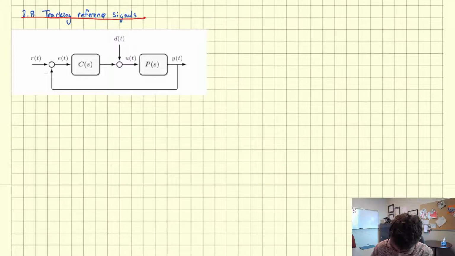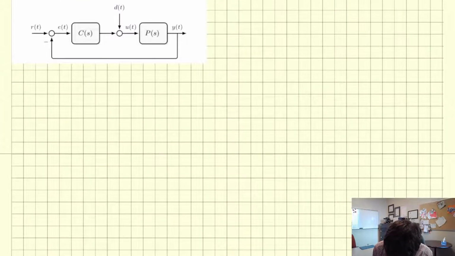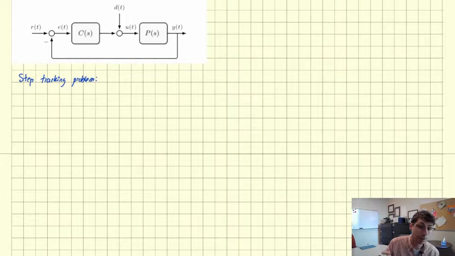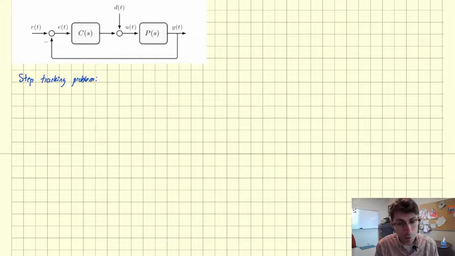And the step tracking problem is we want to design the controller C so that we get, obviously, stability, goes without saying, closed loop stability, but also we want the output Y to asymptotically track constant reference inputs.